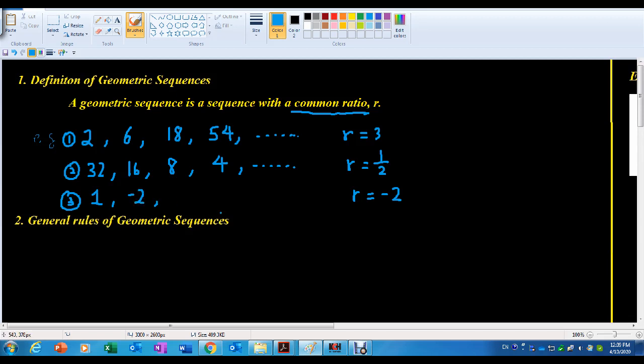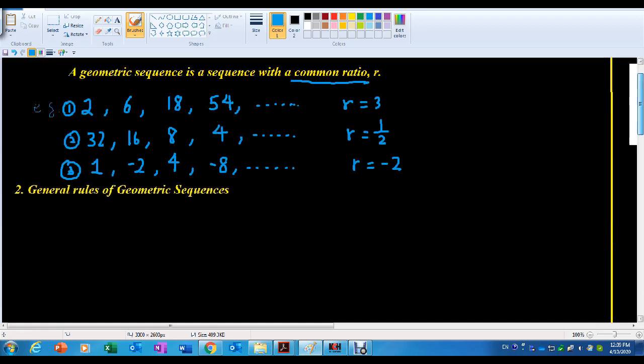Then you multiply by another -2, and a negative multiplied by a negative becomes positive, 4. The next one, positive 4 times -2, is -8. So you see the terms are alternating: positive, negative, positive, negative. These are all geometric sequences, because they all have a common ratio.